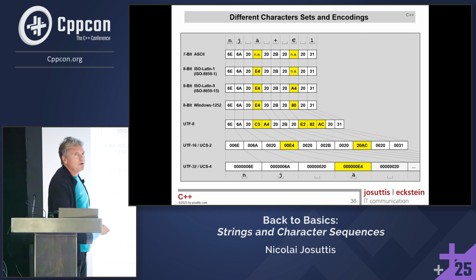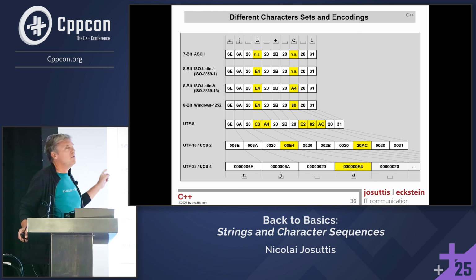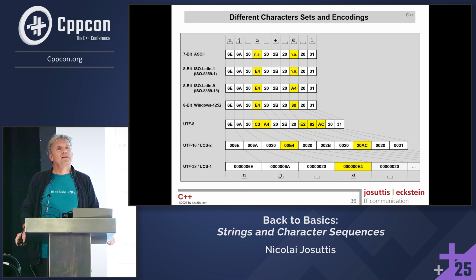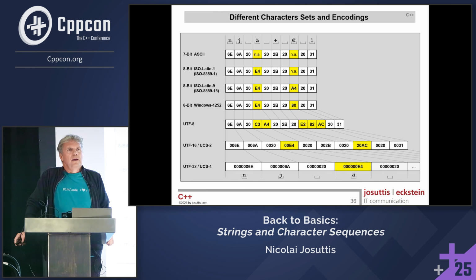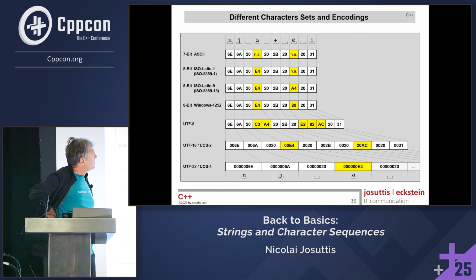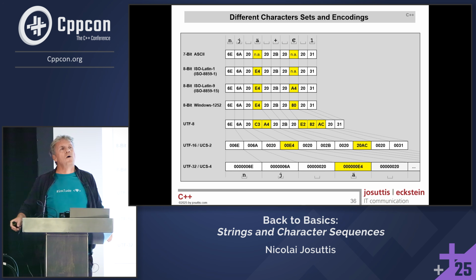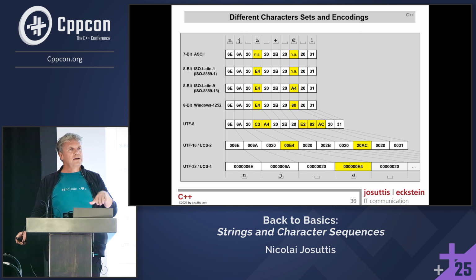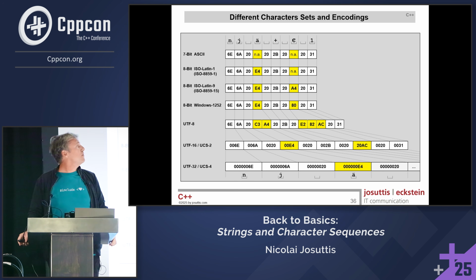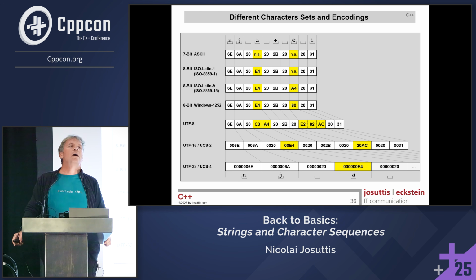But for the euro symbol, Windows and ISO decided differently what the official value is. In ISO, it's hexadecimal A4. On Windows, it's hexadecimal 80. So if you store a certain hexadecimal value in a character, it will print different characters on your platforms when you print it out.